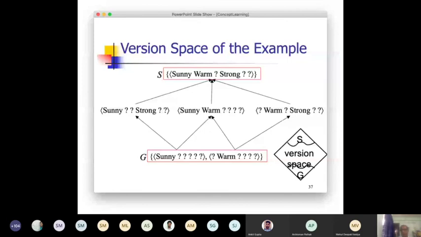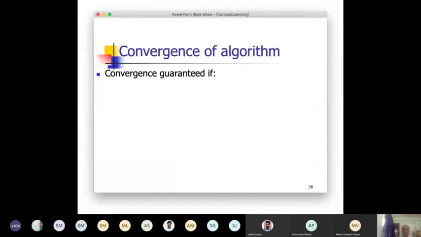I hope now your questions are answered: just looking at the hypothesis, you cannot include something more general and something more specific, but you have to consider the set of training examples. So convergence of this algorithm, as I mentioned, is that if there is no error and if there is a hypothesis in H describing the target function, then it will converge.